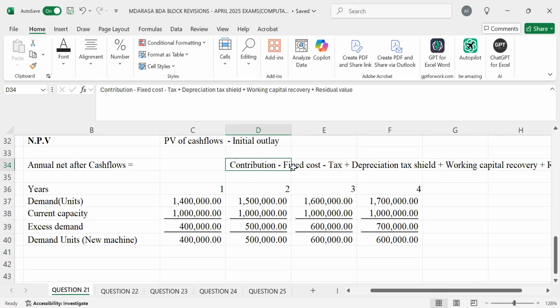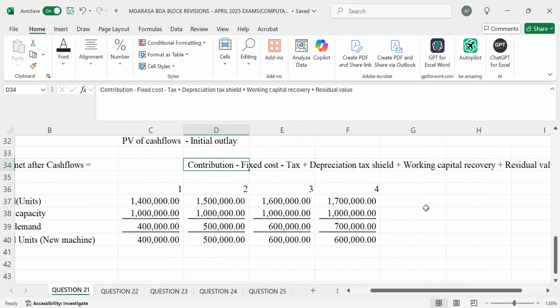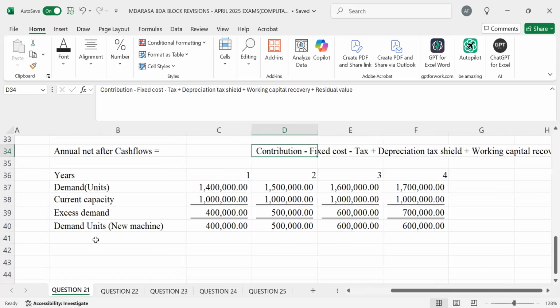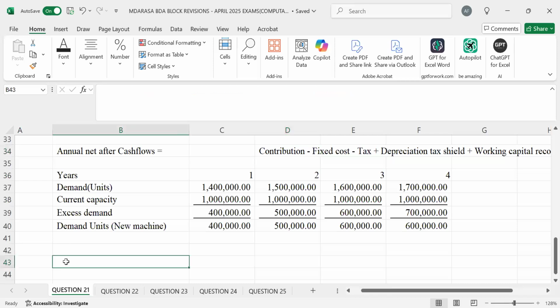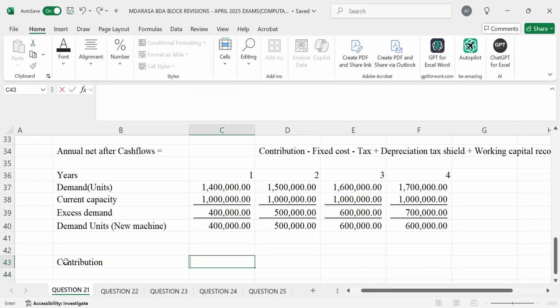If we go back to what Mwalimu guided us, remember, anytime you're talking about contribution, we are looking at the difference between our selling price per unit minus variable cost per unit. We multiply by the quantity.